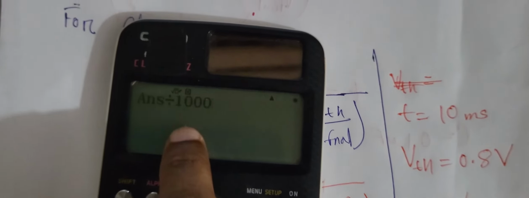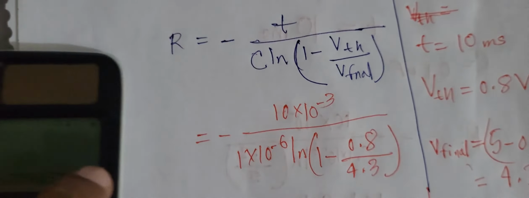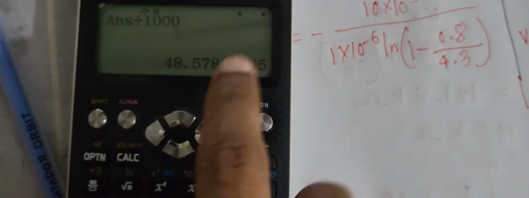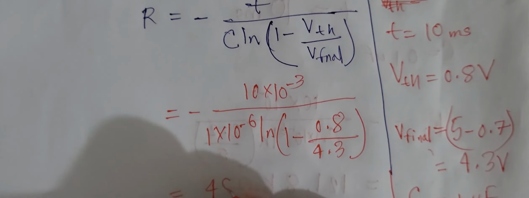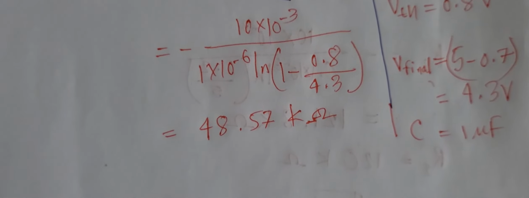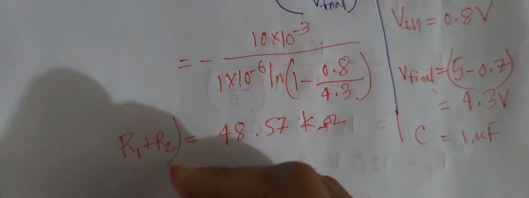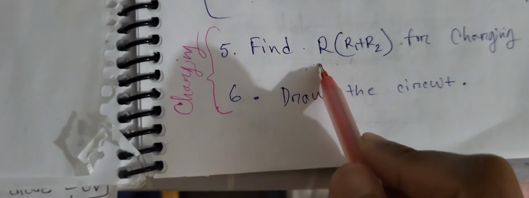We are dividing the value by 1000 for kilo ohm unit. We got 48.57 here, you can see. Remember that we have to divide it by 1000 for kilo unit. So what we got, 48.57 kilo ohm actually. So it is actually R1 plus R2. As I mentioned here, R is R1 plus R2.